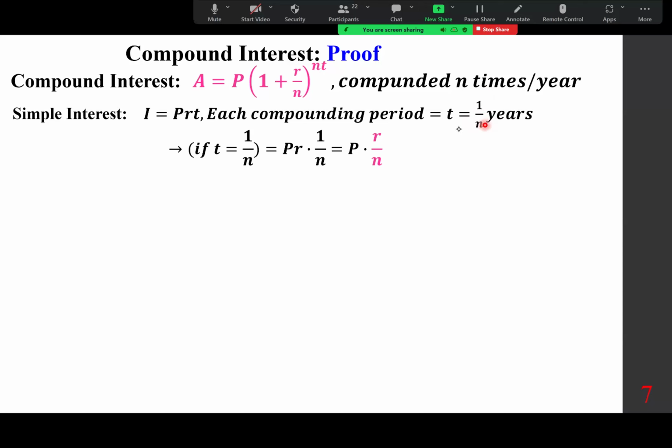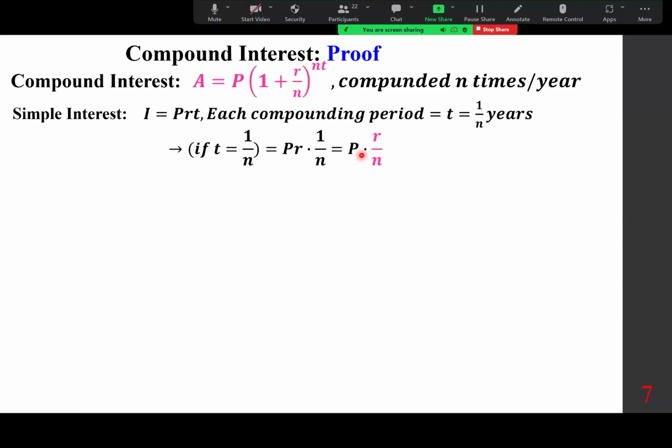For example, if it gets compounded just once, t is just equal to 1. But if it gets compounded quarterly, it's 1/4, and so forth. So t equals 1 over n. And in this equation, we are going to replace the t with 1 over n.